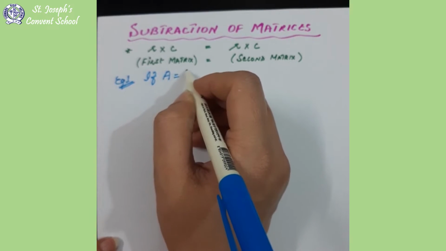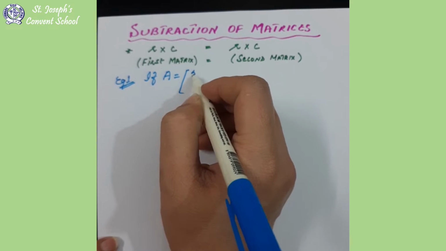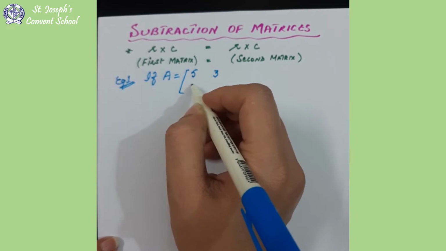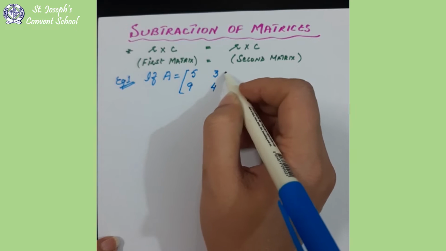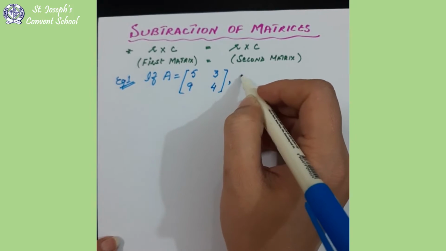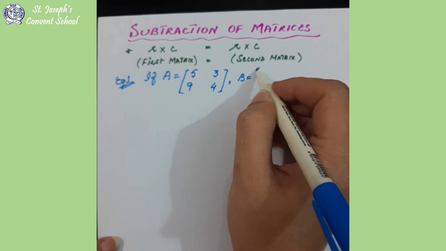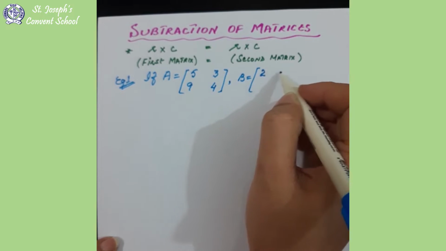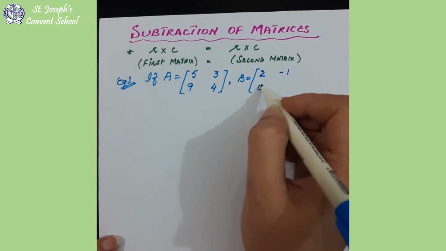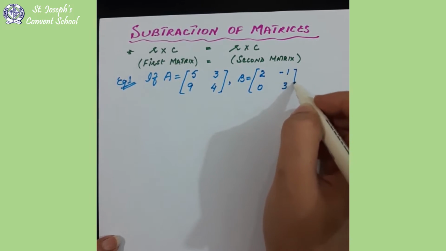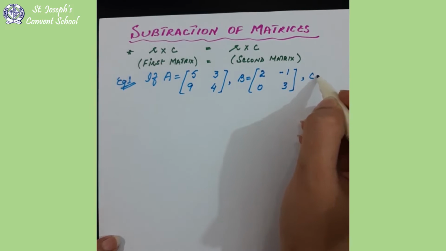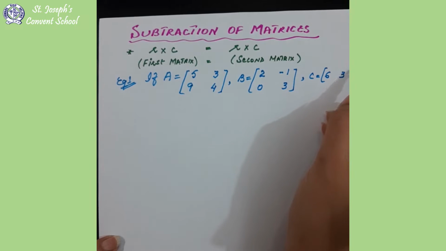Okay, if matrix A is 5, 3, 9, 4, this is matrix A. Matrix B is 2, minus 1, 0 and 3, and matrix C is 6 and 3.